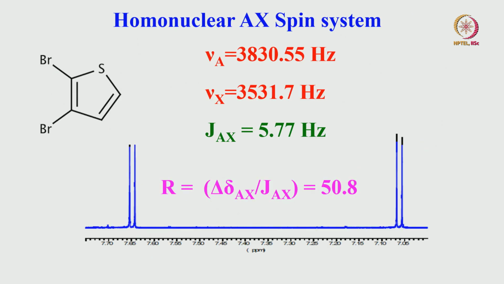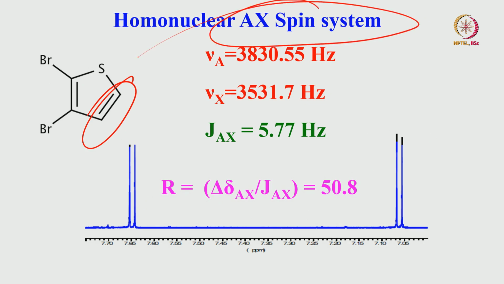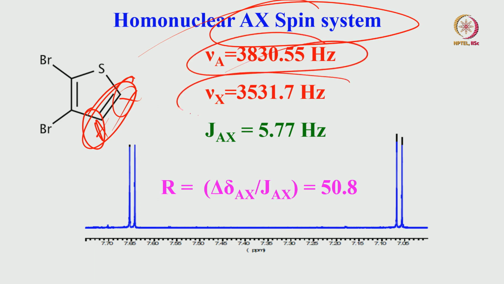We will take an example of how we look at the spectrum of a molecule. Here is a molecule where I consider 2 protons, a homonuclear weakly coupled spin system. Why do I say weakly coupled? Measure this separation. I have given you the chemical shift of one of the protons, let us say A, and the other is X. One is 3830 in frequency, the other is 3530.